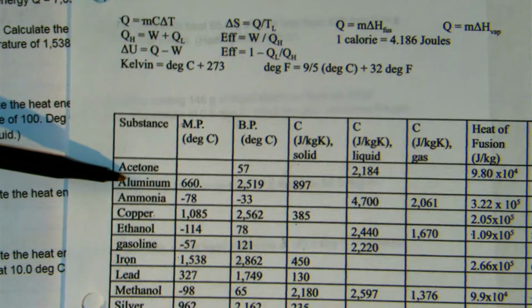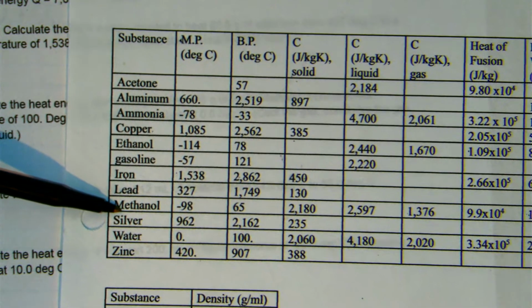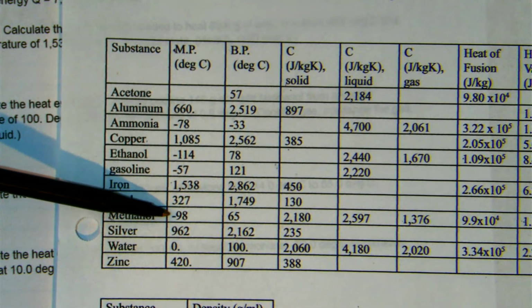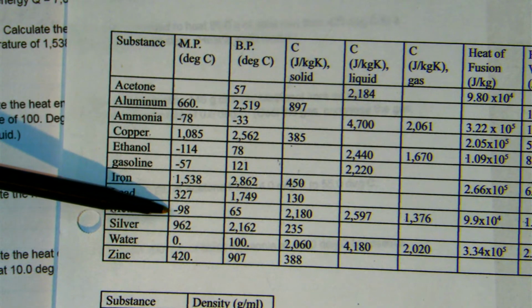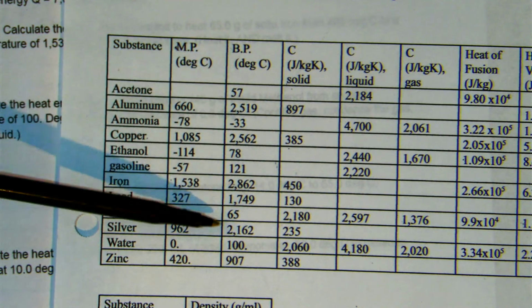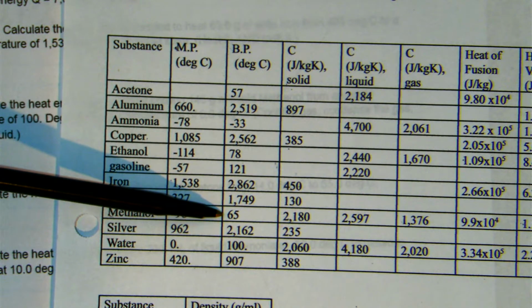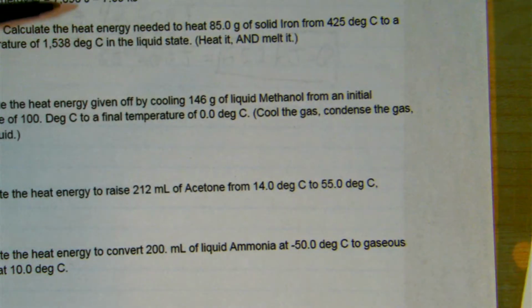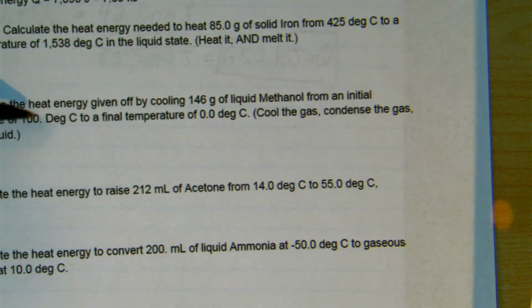So on this chart, find methanol, we see its melting point is 98 degrees below 0 Celsius. Its boiling point is 65 degrees Celsius. This problem begins at 100 degrees Celsius.